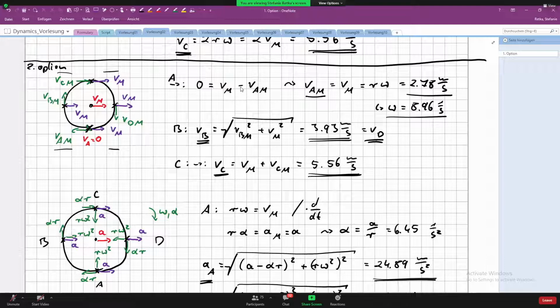All our purple vectors point in the same direction as our red vector VM. And the direction of the rotational velocity depends on the direction of the rotation. If it rotates clockwise, then in this point right here, the velocity points to the left, upwards in B, downwards in D. Always tangential to the path in direction of travel. So there's no difference to chapter 1. Understood. Thank you.